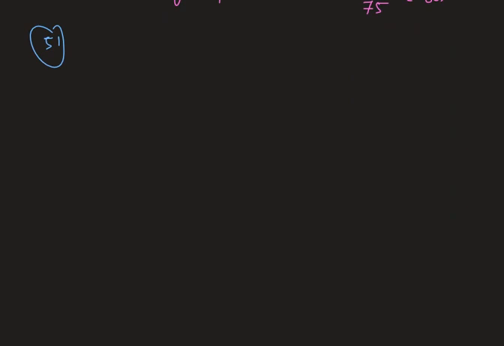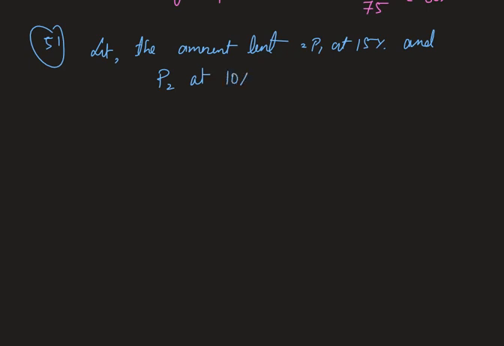So let the amount lent be P1 at 15% and P2 at 10%.